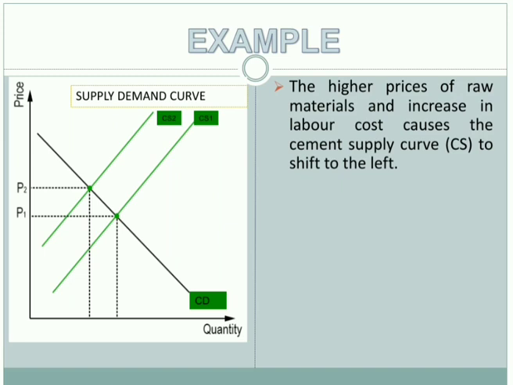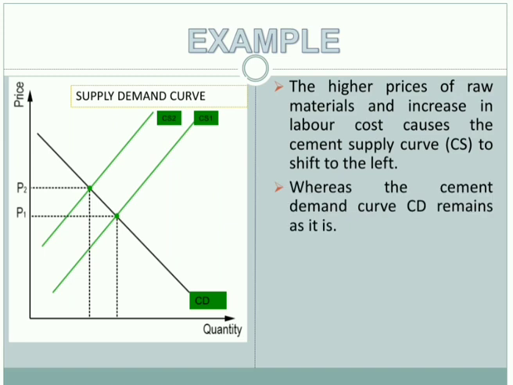Demand CD is not changing, okay, demand is as it is, but because of the increase in the cost of raw materials, labor, electricity, transportation and various aspects, the curve CS1, that is cement supply 1, shifted up.